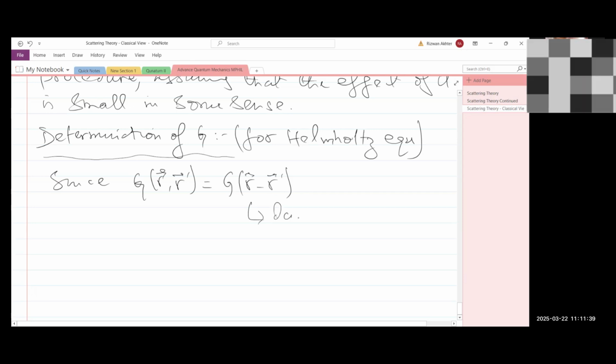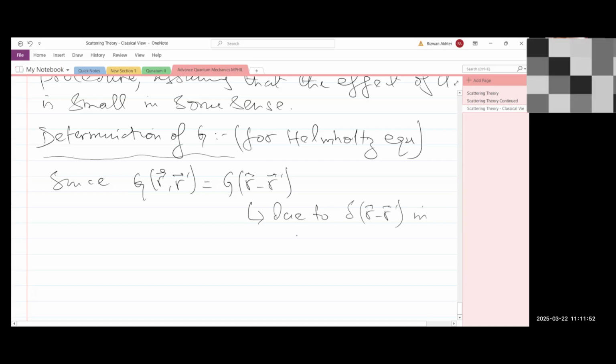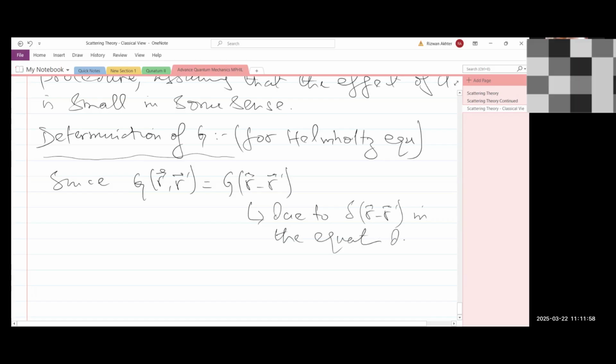This is due to the delta function, delta of r minus r prime, in the equation defining g. Since we know this, we can introduce the Fourier transform.